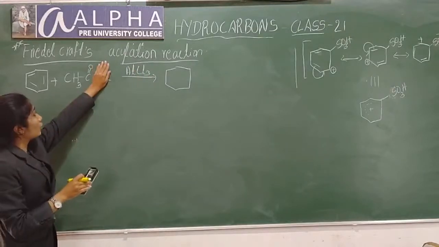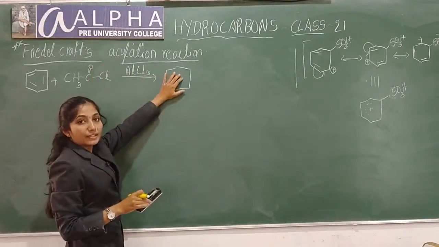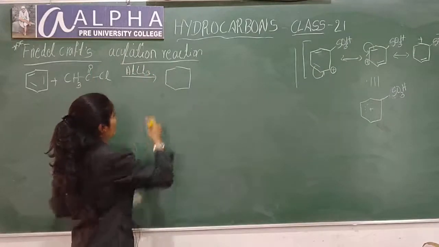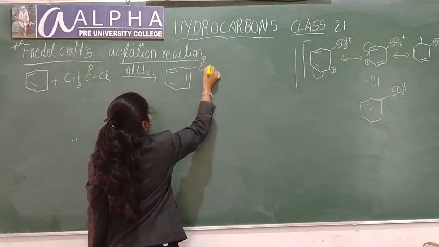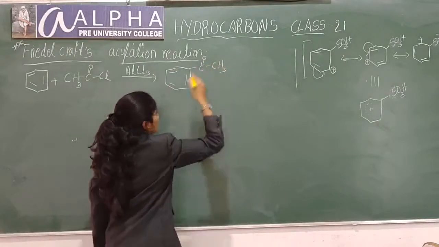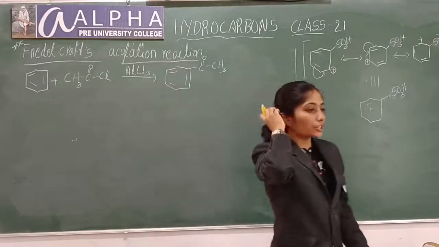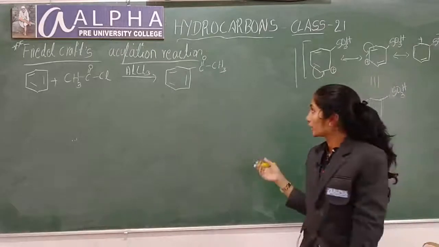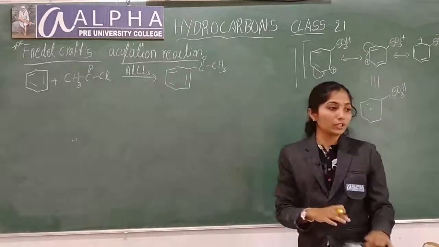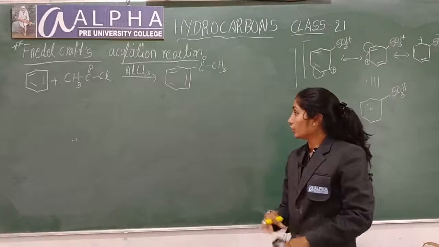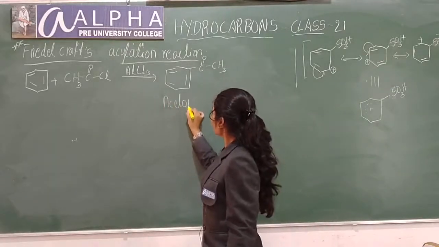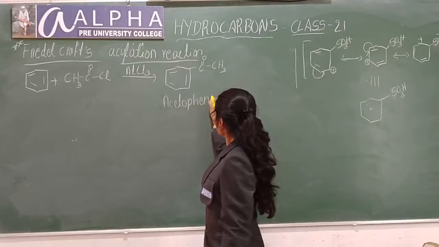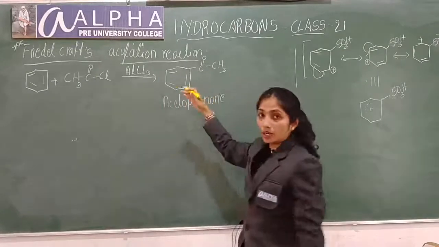This acyl group will be substituted to benzene. The acyl group, C double bond O CH3, will be substituted to the benzene ring. What is the name of this compound? This is acetophenone. Acetophenone is a ketone.